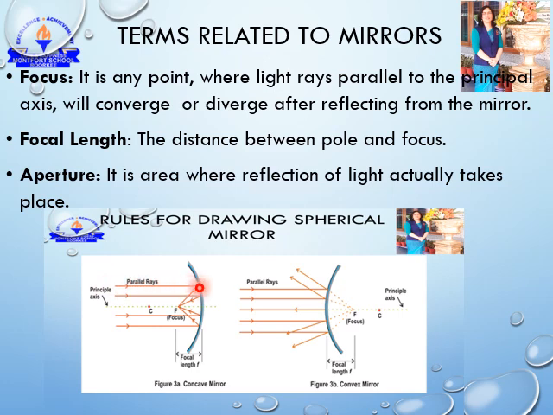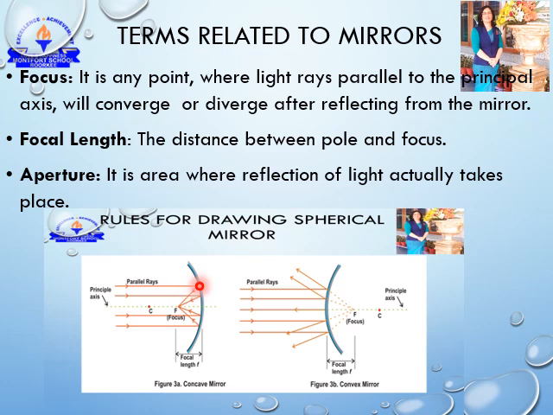When it strikes the surface of the concave mirror, reflection will take place, so this ray will be reflected in this direction. In the same way, another ray parallel to the principal axis will go in this direction after reflection.